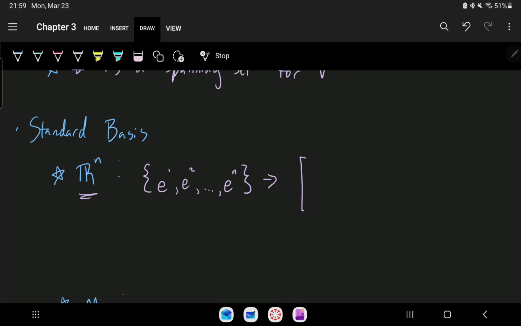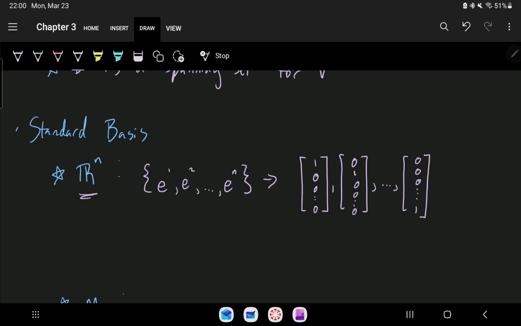What that looks like in practice is that the first cell is 1 and the rest are zeros for E1. For E2, same idea, all the way down, kind of like a little stair step, until the last element is 1, right? This is the standard basis of R superscript n, right? And you can substitute any number in for n, it's still going to be the same.